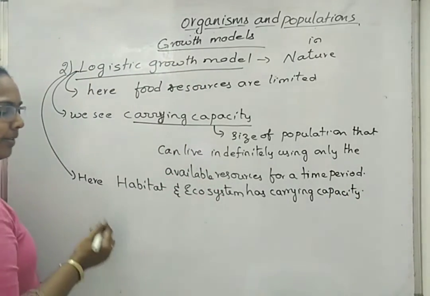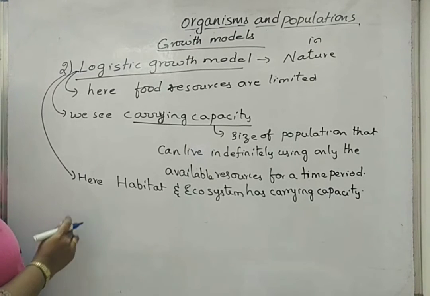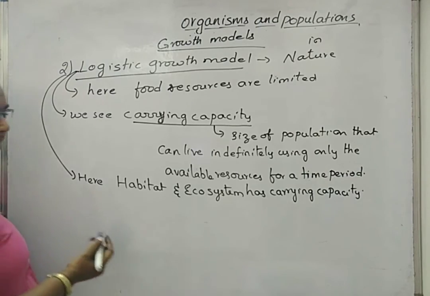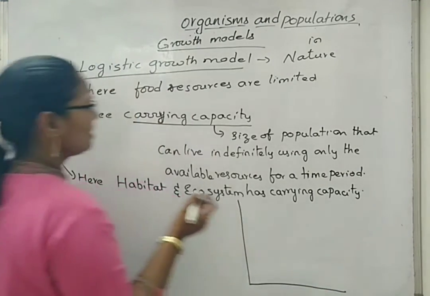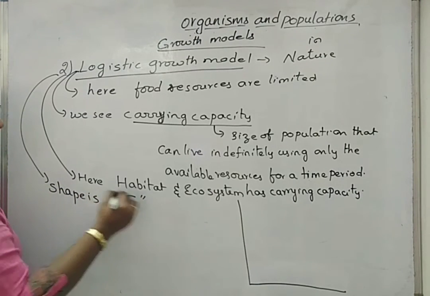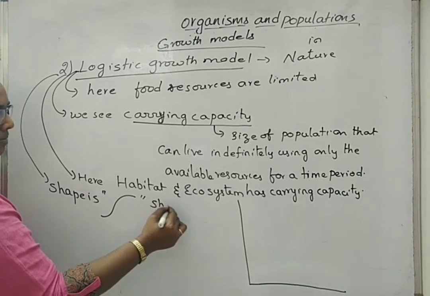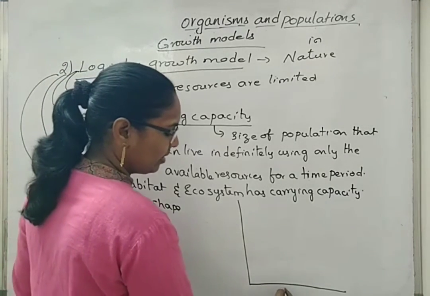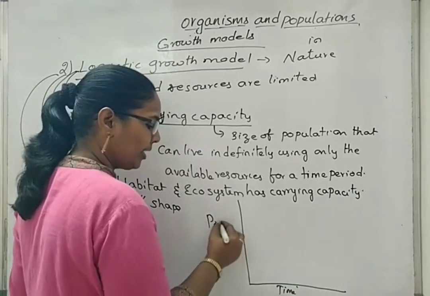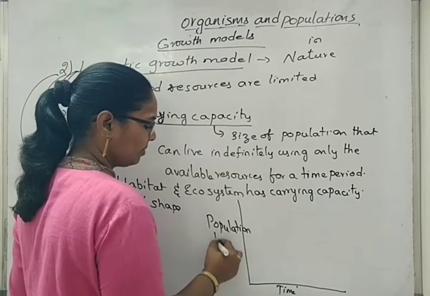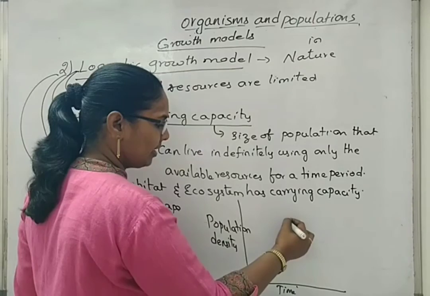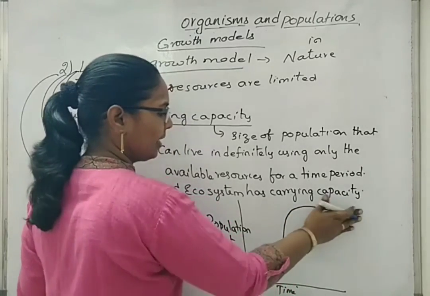We can also say that in this growth curve there is an asymptote. Asymptote means there is a steady state in the graph. The shape of the graph is sigmoid, S-shaped. If you take the time period and also population density, the graph will slowly increase, suddenly increase its number, and after a certain time period there will be a steady state.